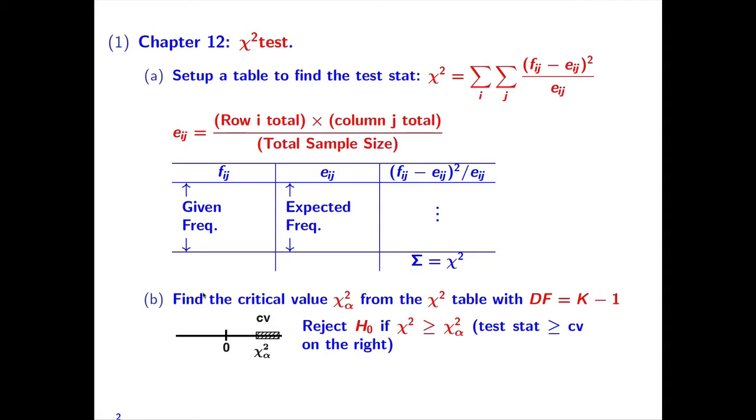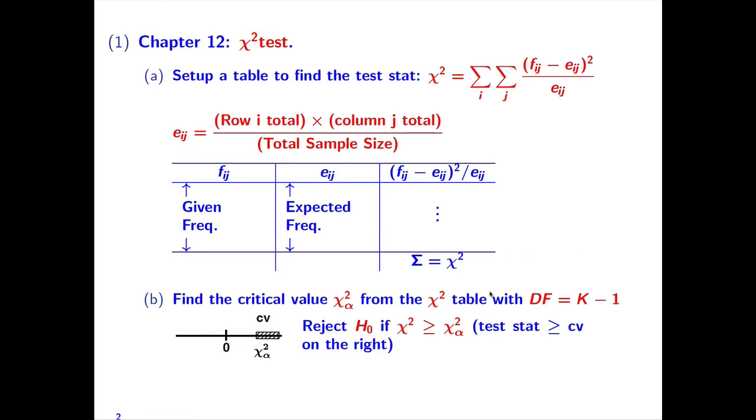Step number 3, we need to find the critical value chi-square alpha from the chi-square table with the degrees of freedom equal to k minus 1, where k is the number of proportions, or the number of populations.